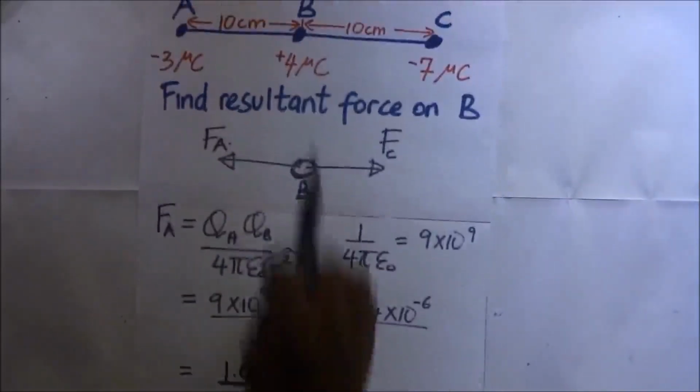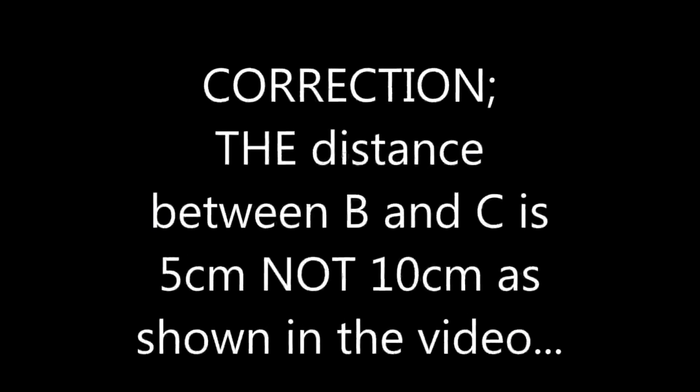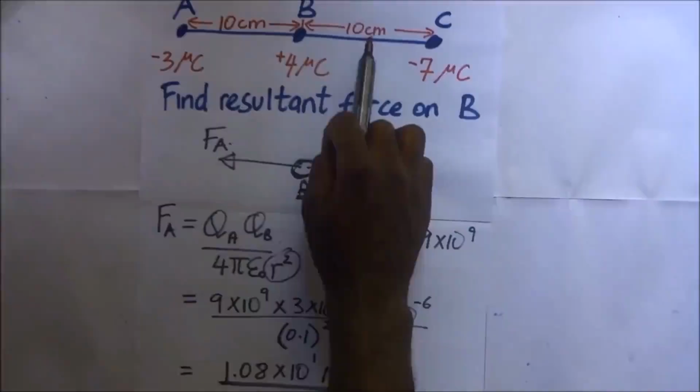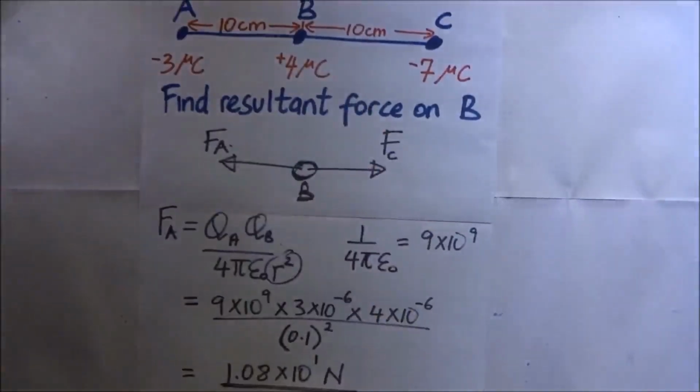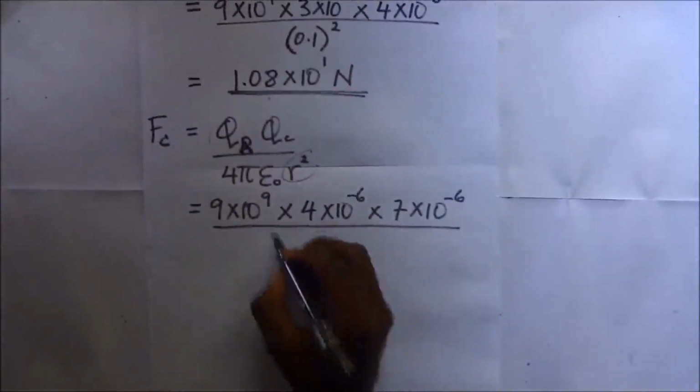The distance between B and C is 10 centimeters. Converting this to meters is 0.1 meters, so it will become 0.1 squared.